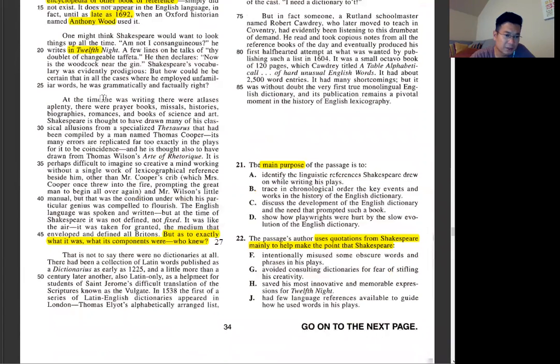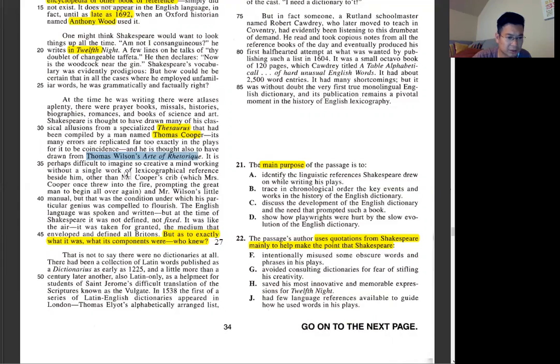In the next paragraph, at the time he was writing, there were atlases aplenty, and then prayer books and histories, from which he drew allusions and speculation, sources that had been compiled by a man named Thomas Cooper. So as many errors are replicated far too exactly in the plays to be coincidence, he also drew on Thomas Wilson's art.